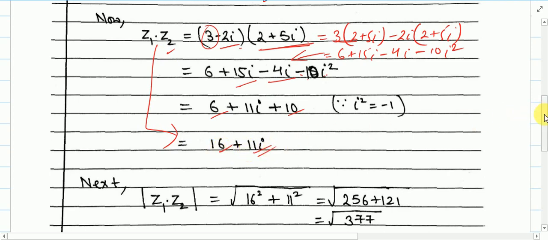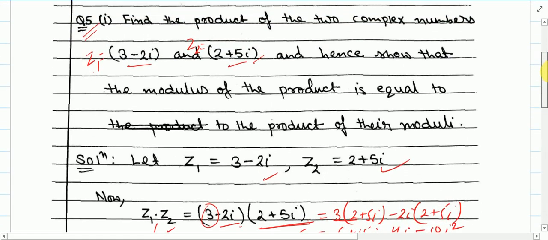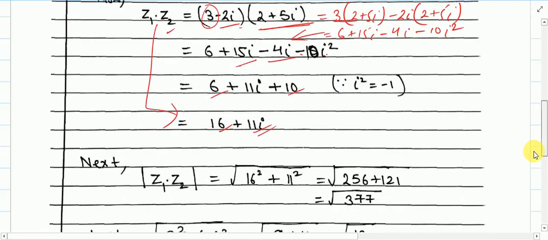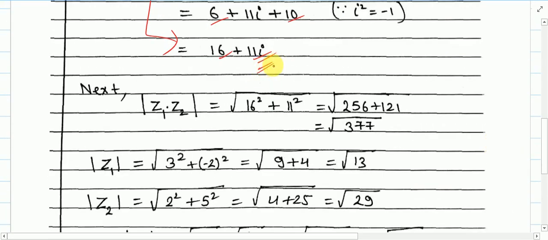Done. Now next they were saying that hence show that the modulus of the product is equal to the product of their moduli. So whatever product we have got over here, we have to find the modulus of this. So this is equal to Z1 into Z2.